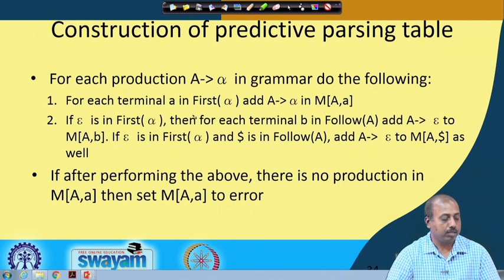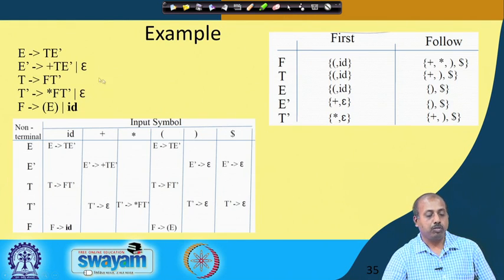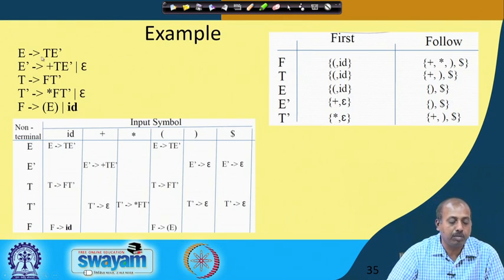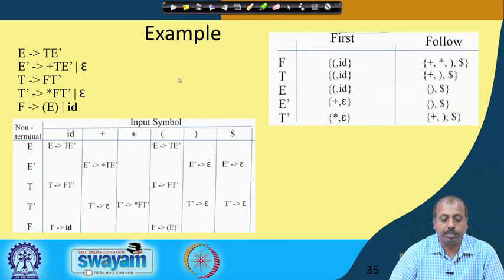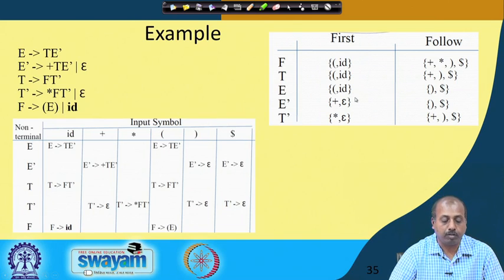So, if I look at the example, how is it constituted? These are the grammar rules that we have, the ETF grammar modified by eliminating left recursion, and these are the first and follow sets that we have computed.